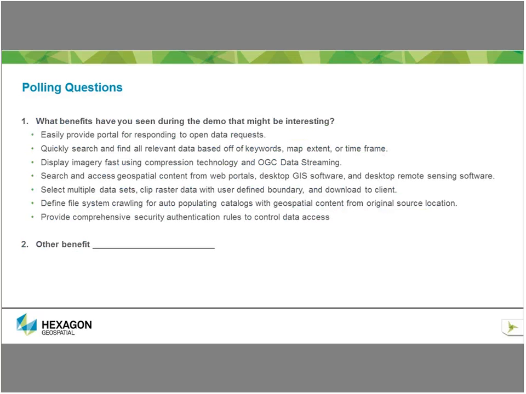So some of the benefits that we showed today were the ability to easily provide a portal for responding to open data requests, to also quickly search and find all relevant data based off keywords, map extent, or time frame, display imagery fast using compression technology and OGC data streaming, search and access geospatial content from web portals, desktop GIS software, and desktop remote sensing software, select multiple data sets, clip raster data with user-defined boundary, and download to client.